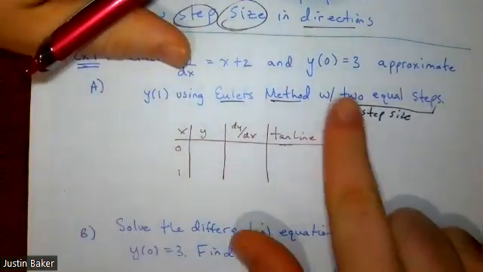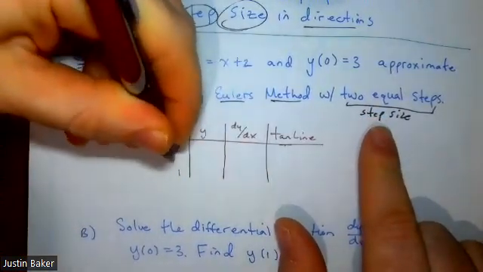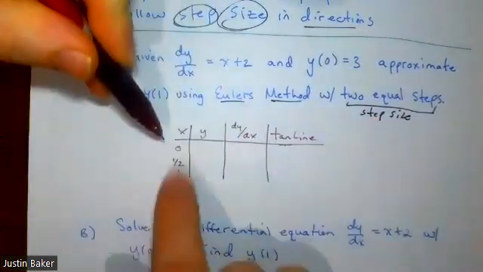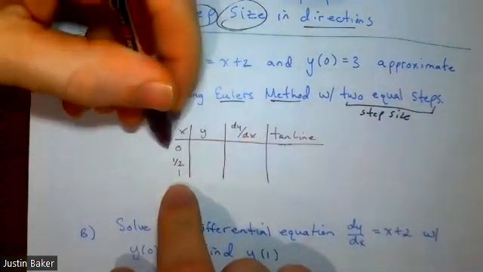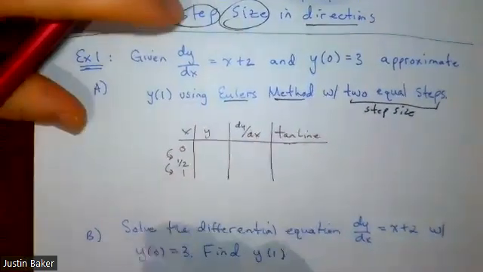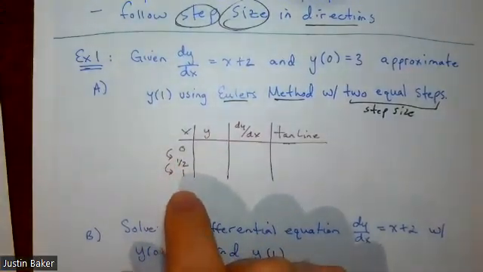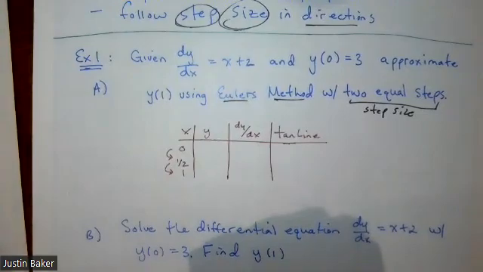And we are going to do 2 steps of equal size. So that means that if we're going to go from 0 to 1 using 2 steps, there's a step, there's a step. If we're going to make 2 jumps, equal step size would be 0.5 for each step.